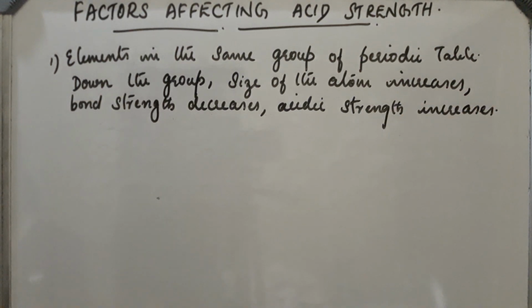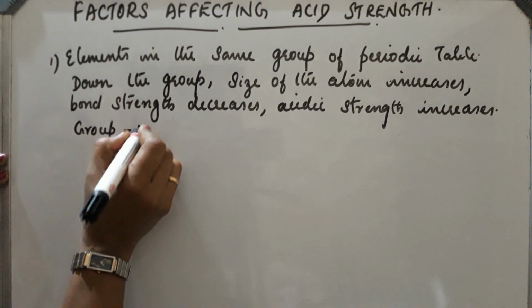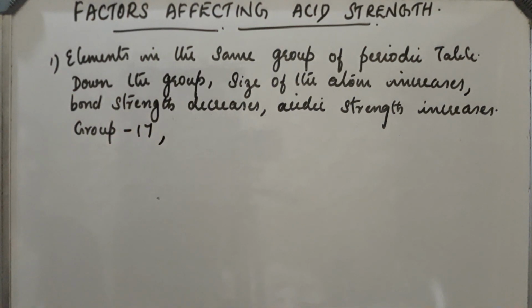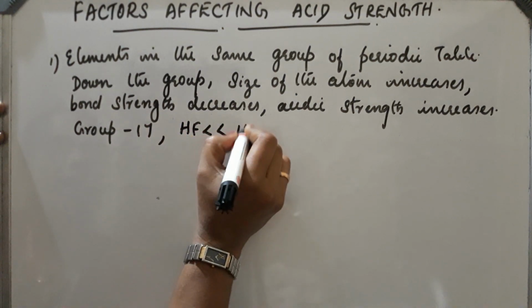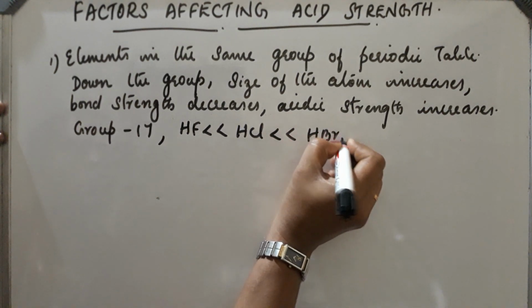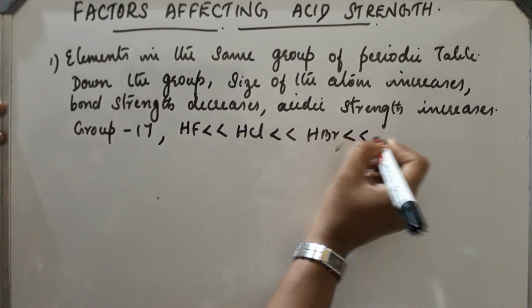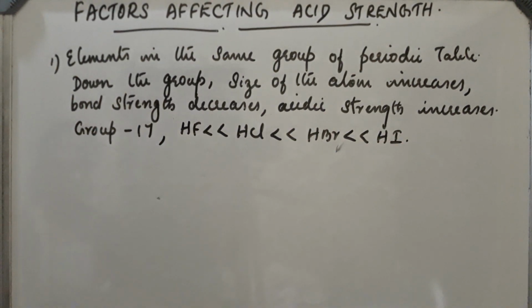A few examples are group 17. In the case of group 17, what happens? HF, then HCl, then HBr, HI. So down the group acidic strength increases.